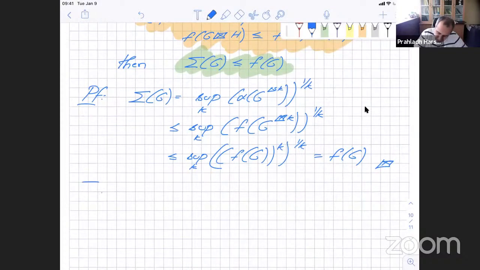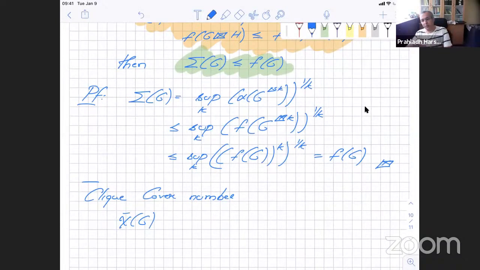If you recall, the clique cover number, chi prime G, is the chromatic number of the complement graph, or the minimum number of cliques required to partition the vertices of the graph. Chromatic number of G complement.